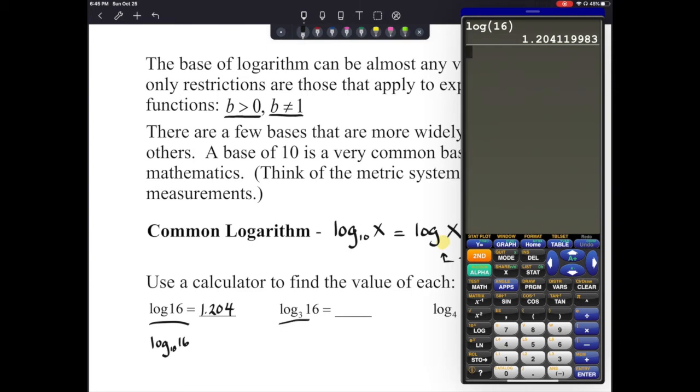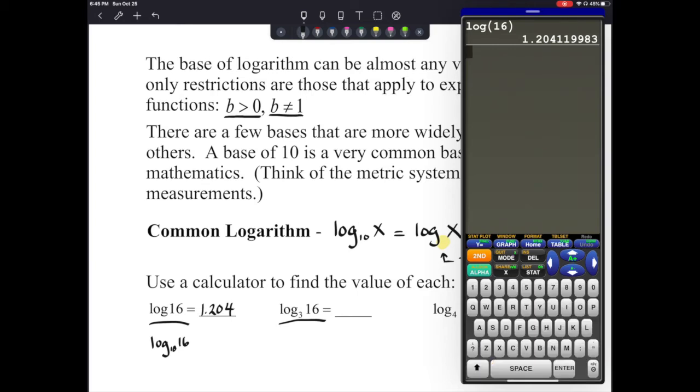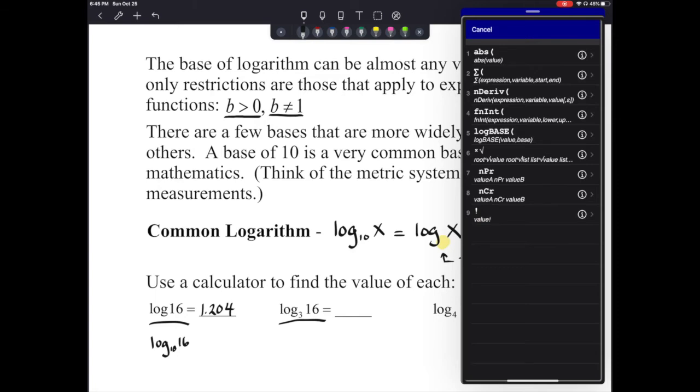Then we've got one that says log base 3 of 16. Now, depending on what model calculator you have, I know a lot of you have 84s, so there's a couple ways to type that in. Notice when I pressed log, it didn't give me the option to put a base in. So you can either do alpha and then the window button, and it'll bring up a menu on your screen, and you're looking for like number 5 where it says log base.